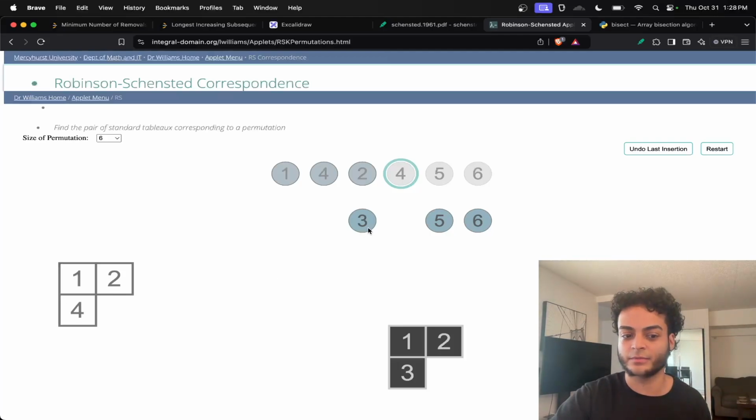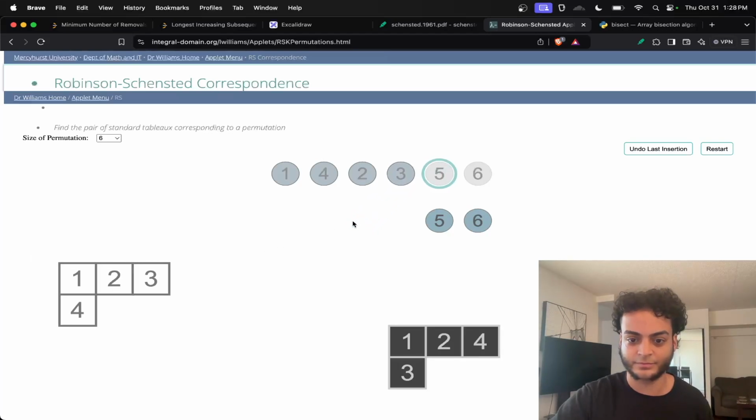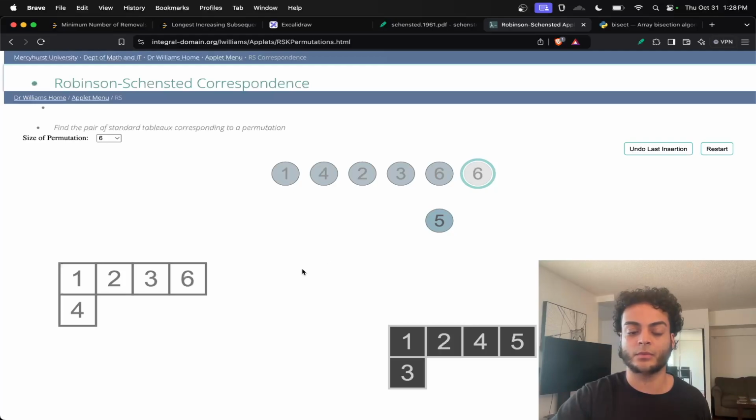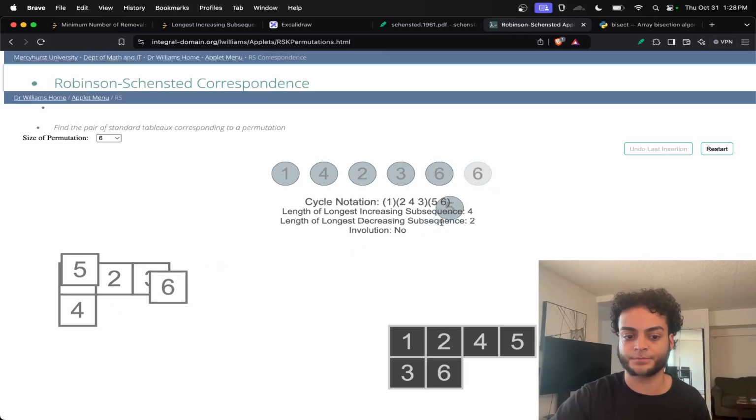How about 3? Well, 3 is greater than 2, so we can just put it at the end. Yep. Same with 6. How about 5? Well, I can't add a 5 to the end because it'll break the increasing row rule. But I can put it where the 6 is. So now I put the 6 in the latest position I can, which is after the 4.